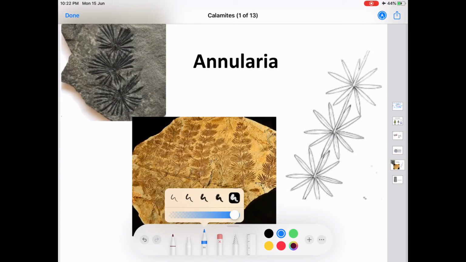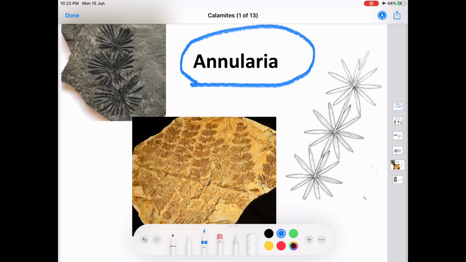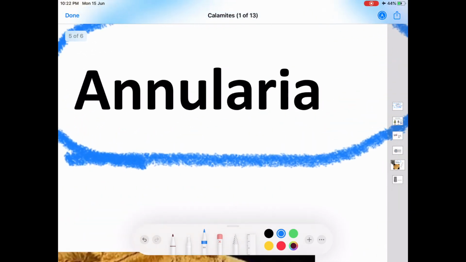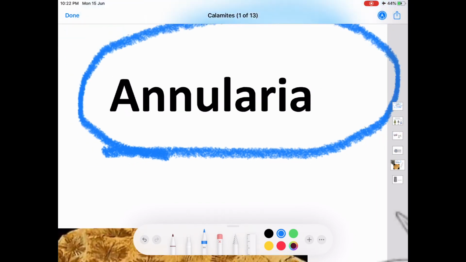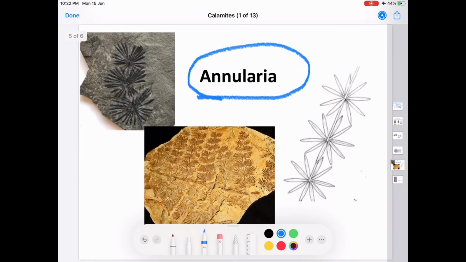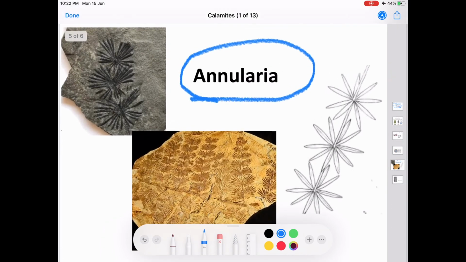The leaves of Calamites are given the name Annularia, A-N-N-U-L-A-R-I-A. The foliage leaves are found mostly on the smallest twigs. They are whorled in arrangement.